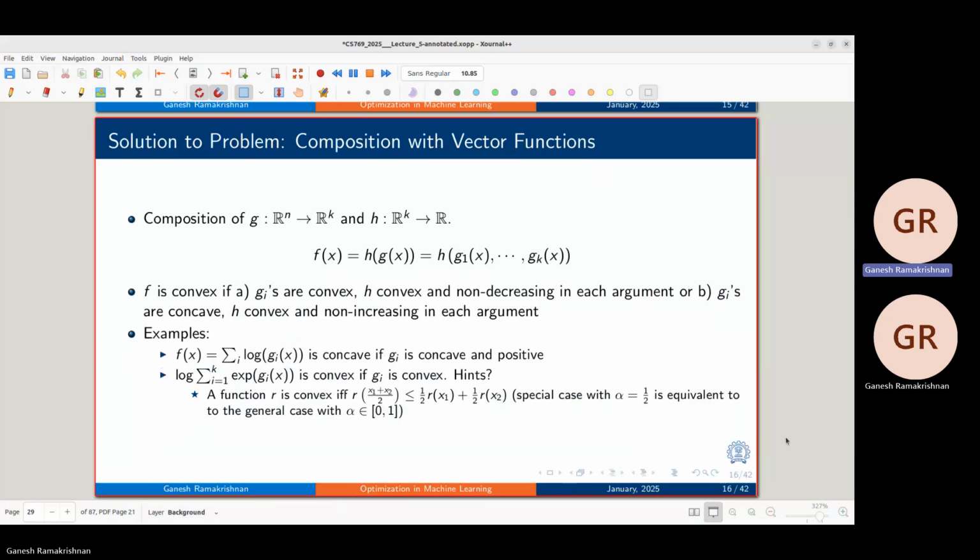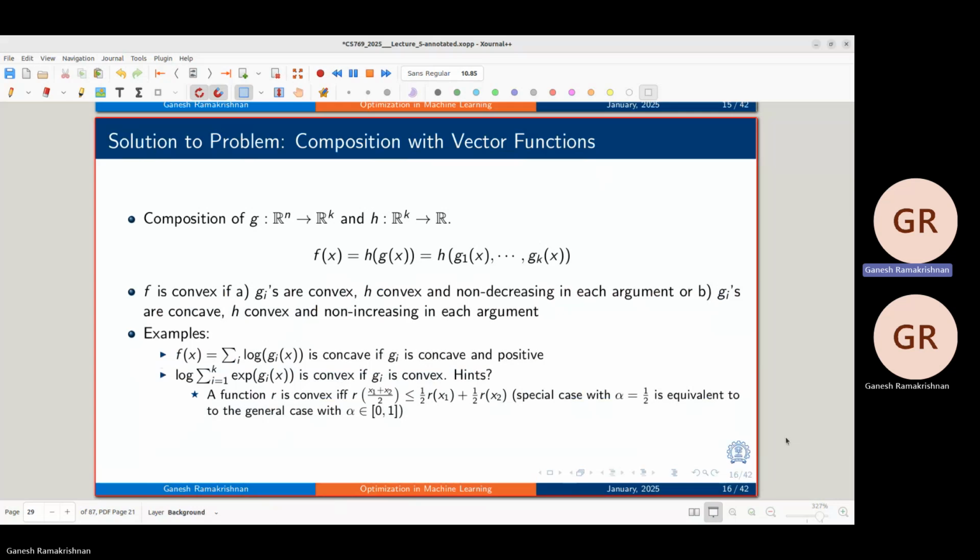A function is convex if and only if it is midpoint convex, which means f of (x1 plus x2) divided by 2 is less than or equal to half f of x1 plus half f of x2. So if you have this property, then you can say the function is convex.